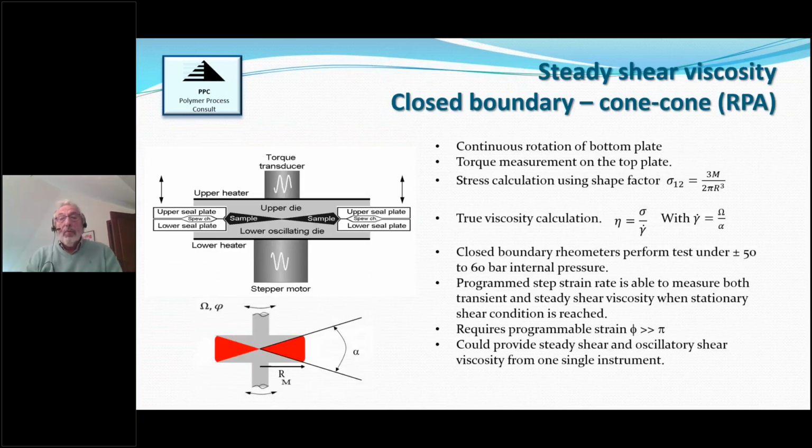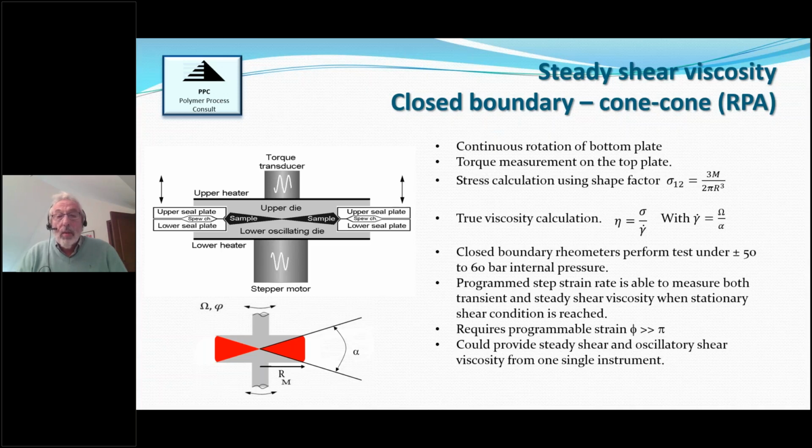So in the case of steady shear viscosity, closed boundary cone, so RPA measurement, in standard cone-plate, open cavity machines, we do have a continuous rotation of the bottom plate, and we measure the torque on the top plate. This actually works very, very well with low viscosity thermoplastic, but does not work for rubber compound.